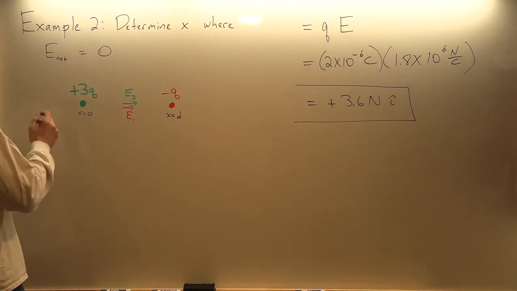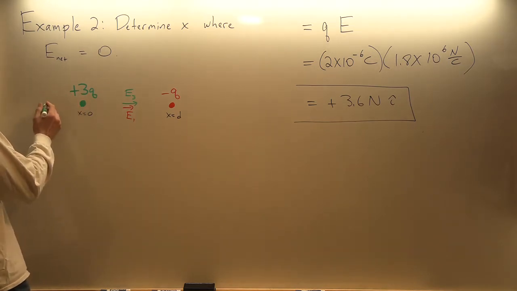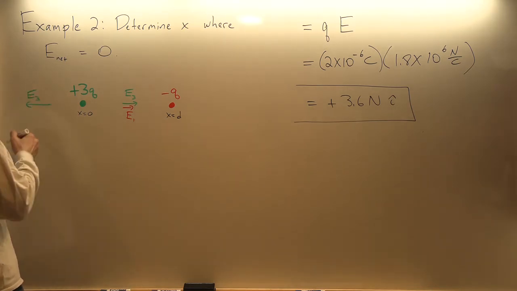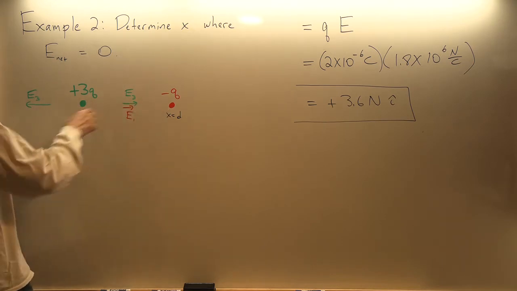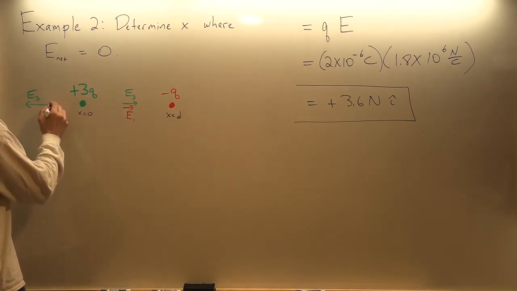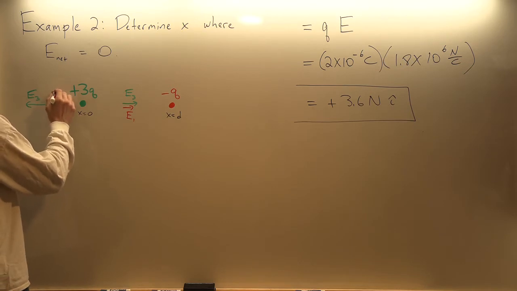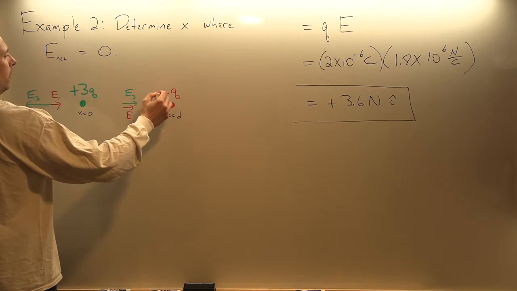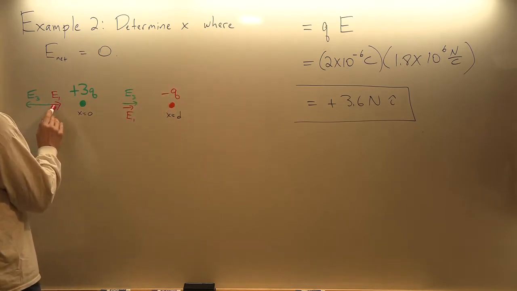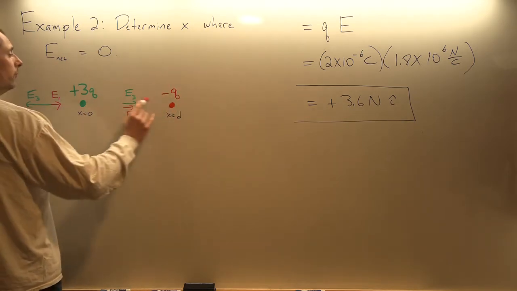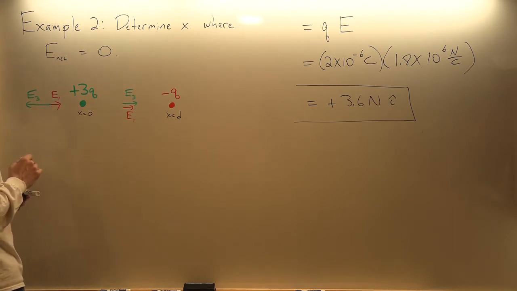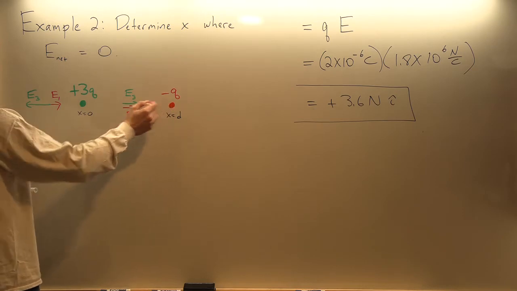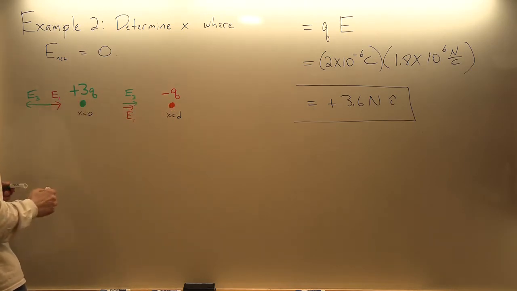Over here, the positive creates an electric field pointing away from it, and the negative towards it. So you might say, hey, this is looking like a good region. Maybe they can equal 0 here. They cannot, because not only is this a smaller charge making the arrow shorter, it's also further away making the arrow even shorter. So the electric field from this is always smaller than the electric field from that one.